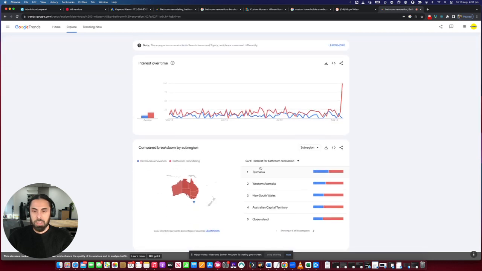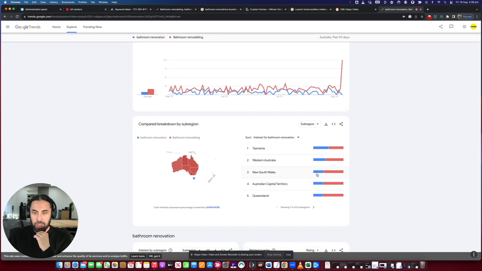And as I can see here, Tasmania had pretty equal share of interest in that space, 51 to 41%, 49%. Western Australia, and then we got NSW, ACT, and Queensland. And then you can see South Australia, Victoria, and Northern Territory.